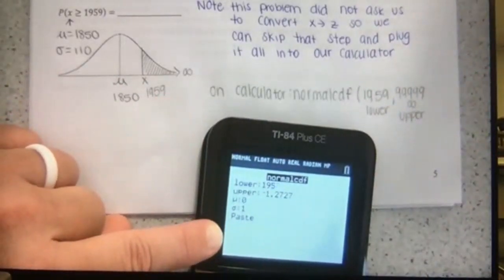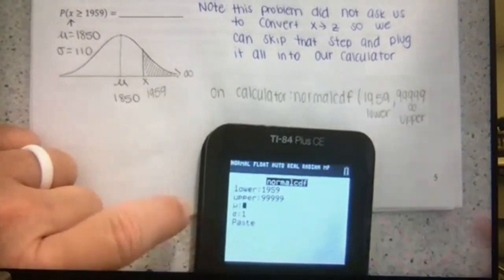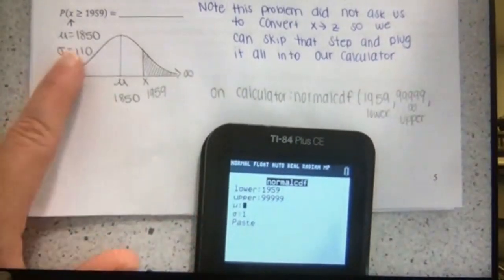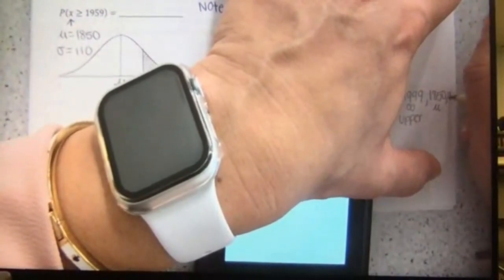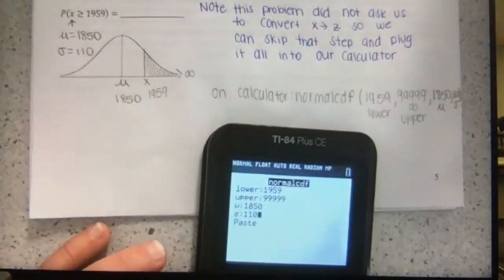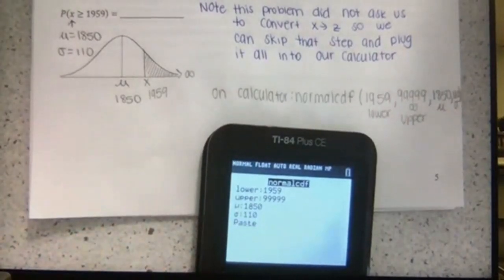Oops, 1959 is our lower. 99999 is our upper. Our mean, though, this time, our mean's not 0 and 1 because we don't have Z values, we have X's. Our mean is 1850. And our standard deviation is 110. But our calculator has this formula plugged in.